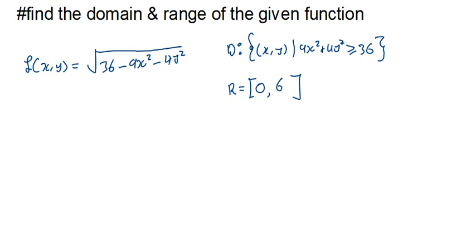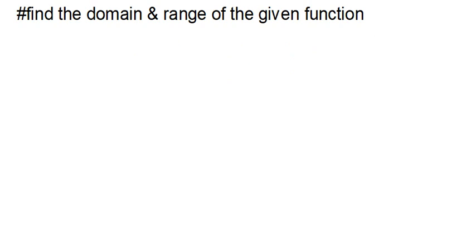So now let's try to look at, I guess, 2 more examples. Let's say we have our f of x comma y is equal to, let's say we are given, ln of the absolute value of 36 minus 4x squared plus 9y squared, like that. Now, for natural logs, we are not supposed to have a negative or a 0.